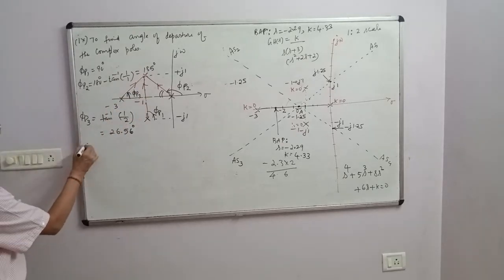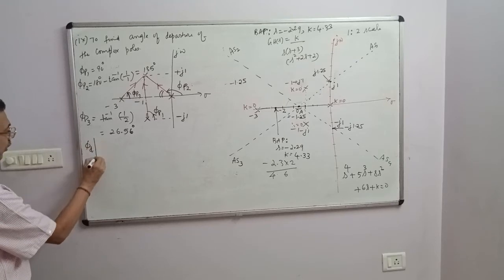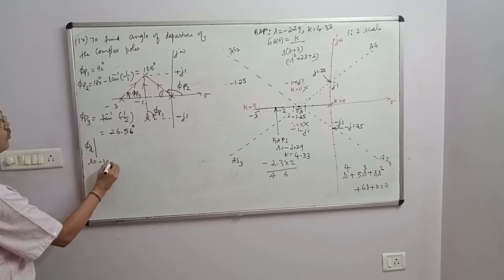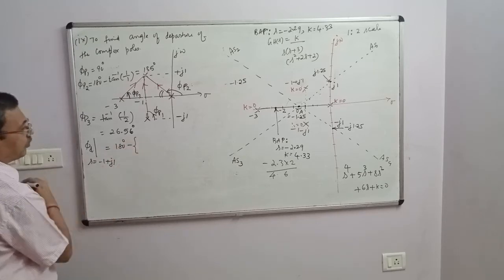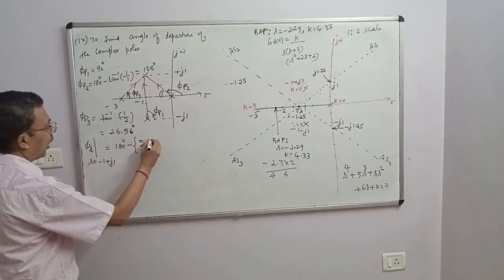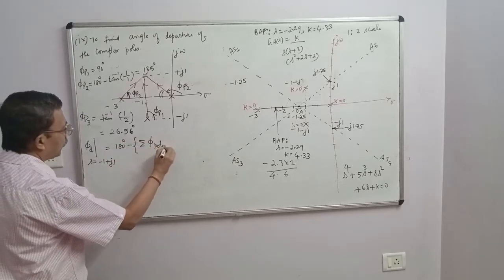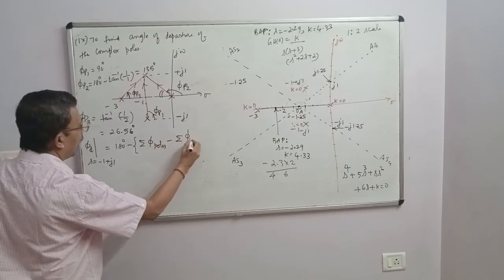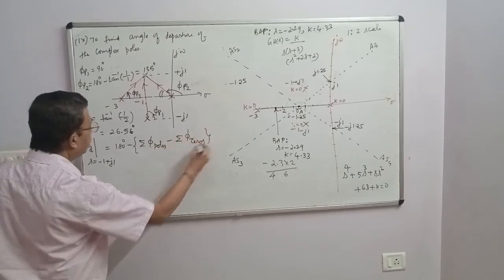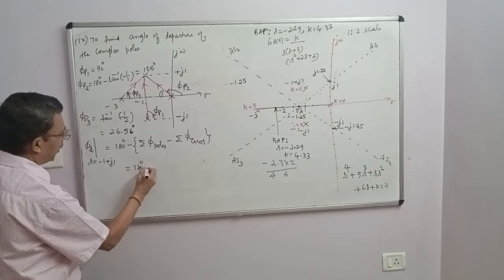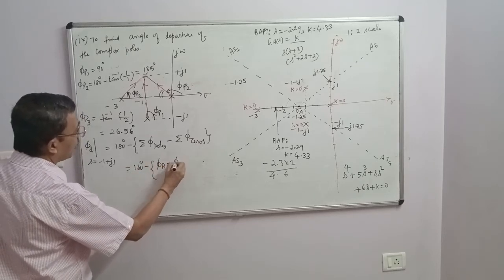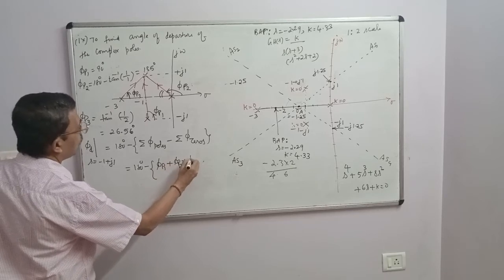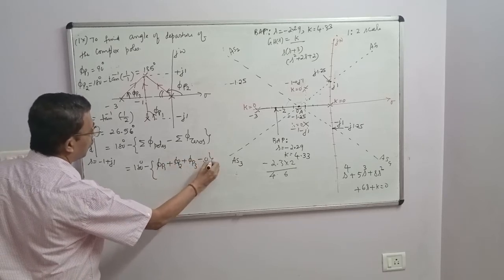So what is the formula for angle of departure? Angle of departure of the pole at s equal to -1 plus j1 is equal to 180 degrees plus sigma angle made by poles minus sigma angle made by zeros. Angle made by poles means phi p1 plus phi p2 plus phi p3. There are no zeros.